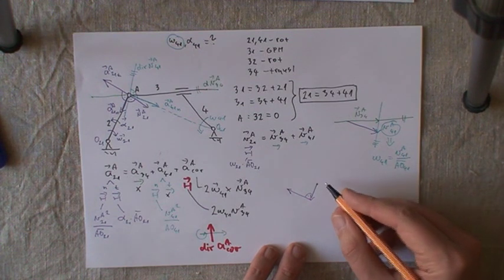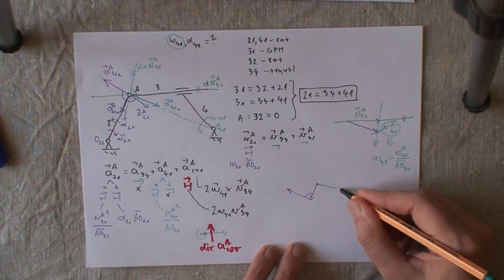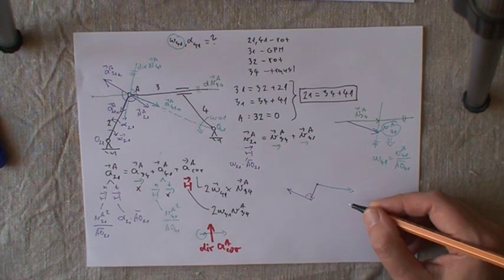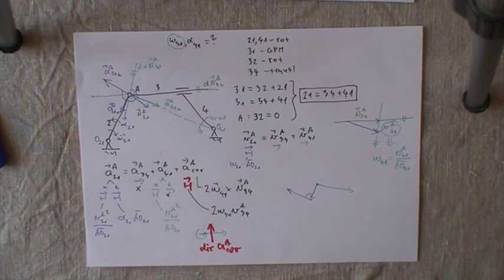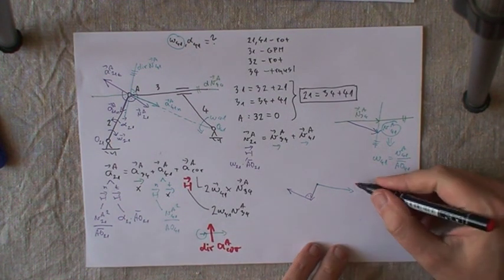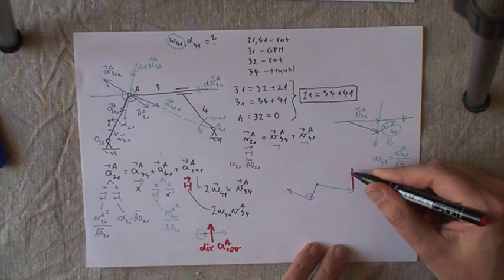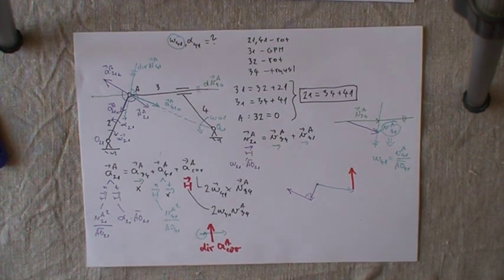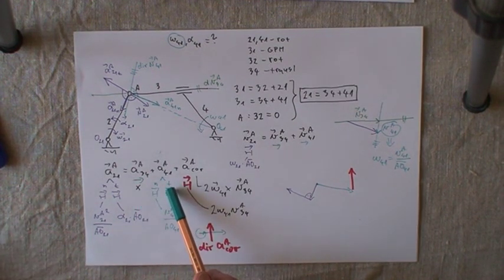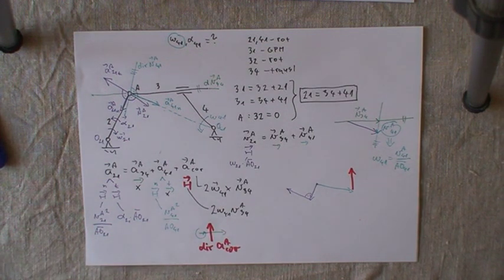So it's here, AA41 normal, plus Coriolis, plus these two directions.